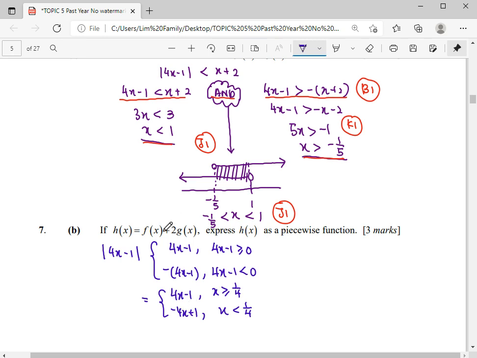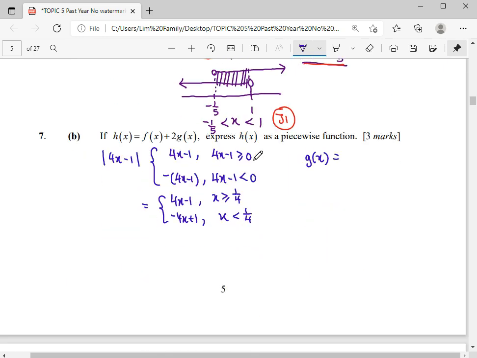Then only we start to operate our h(x). So our g(x) here is given as x plus 2. So now we're going to operate out our h(x). h(x) is the function f(x) plus 2g(x). So we have two parts.